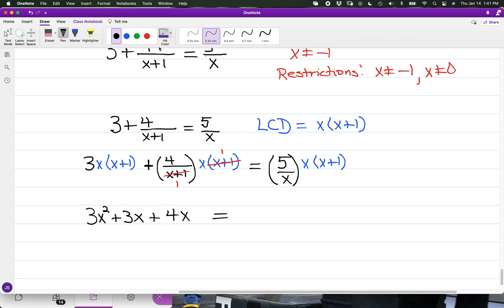And for 5 over x times x times the quantity x plus 1, the x's cancel out, but we still have 5 times the quantity x plus 1.